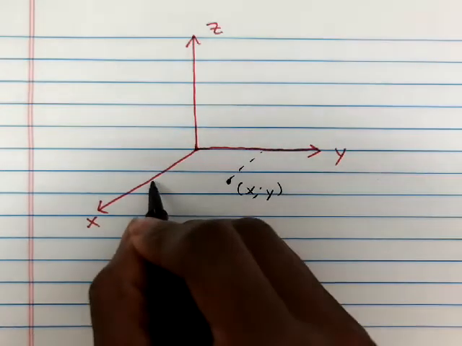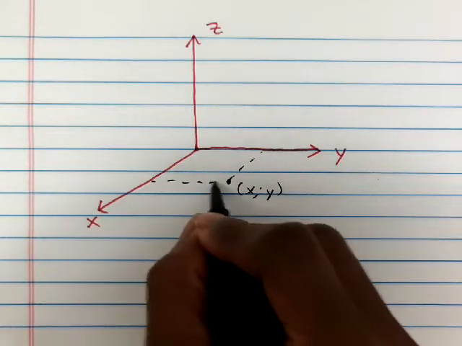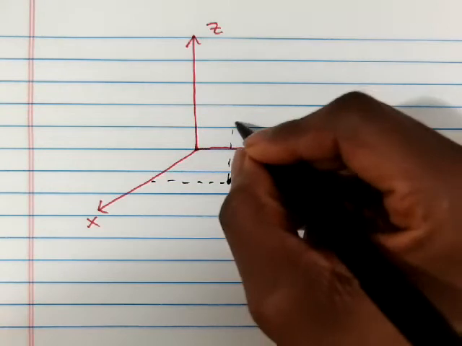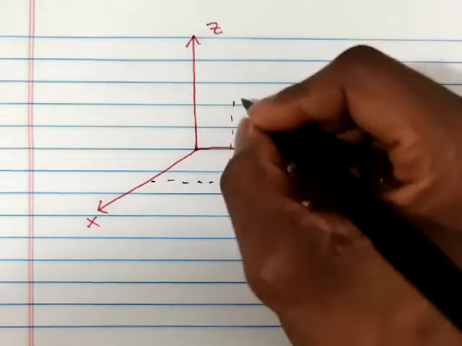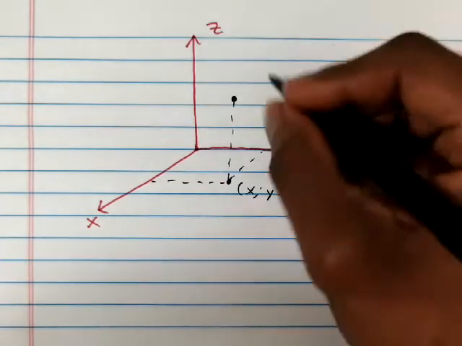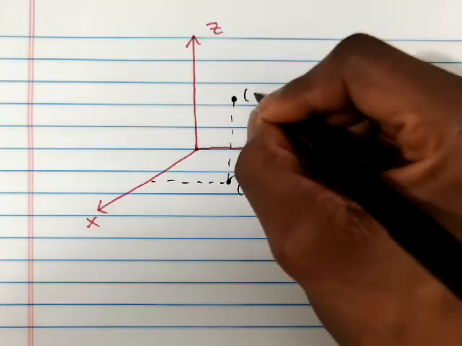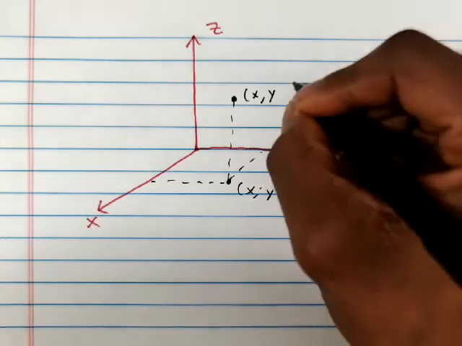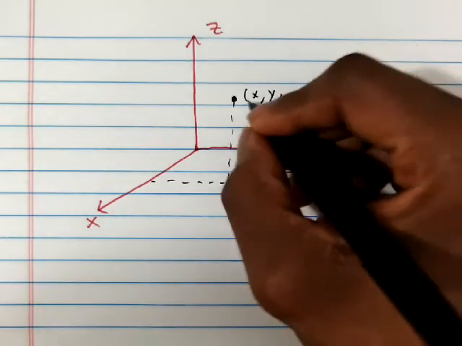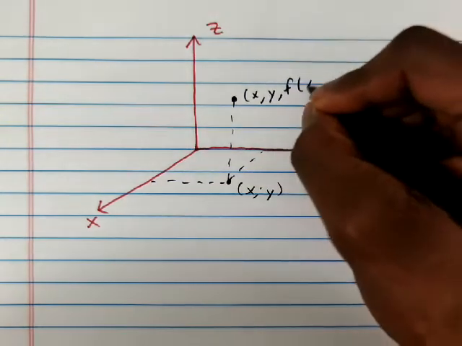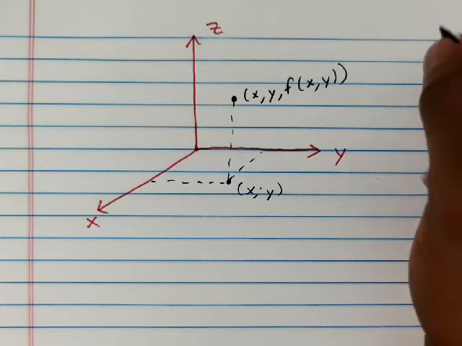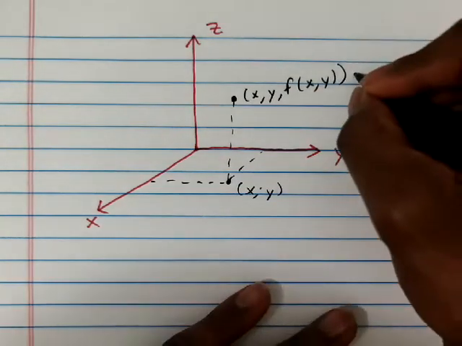Our output would be some point here. We take f of x and y, but we normally would just represent this as x, y, z.